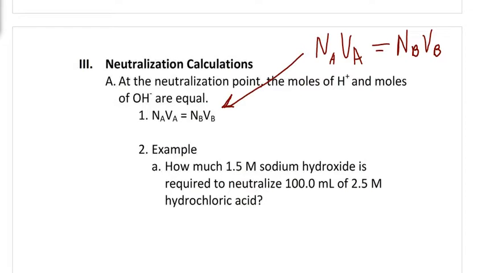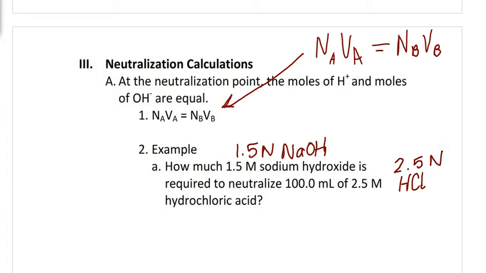And here's an example. How much 1.5 molar sodium hydroxide is required to neutralize 100 milliliters of 2.5 molar hydrochloric acid? Okay, first thing you want to look at is the normality. Sodium hydroxide only has one OH, so this would just be 1.5 normal solution. Hydrochloric acid only has one acidic hydrogen, so this would also be 2.5 normal.